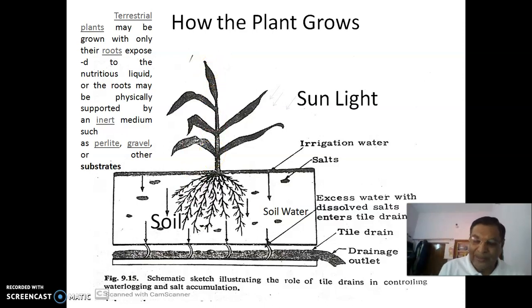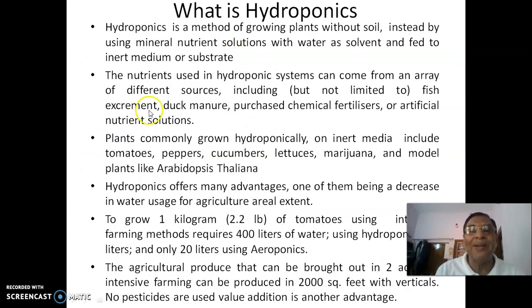Okay, let us go. What is hydroponics? Hydroponics is a method of growing plants without soil, by using mineral nutrient solutions. Instead of soil, you are adding only mineral nutrient solutions with water as a solvent, fed to the inert medium or substrate.